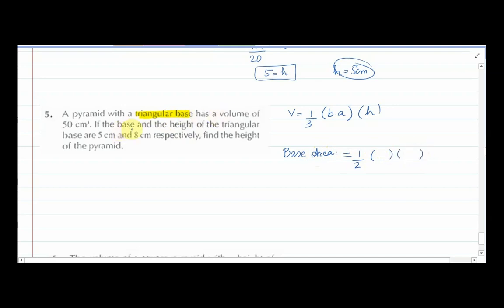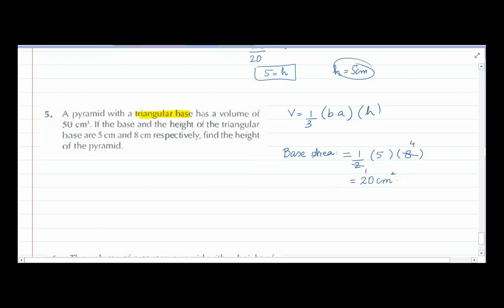Now if the base and height of the triangular base are 5 and 8, the two values are known, 5 and 8. Just simplify, 2 ones are 2, 2 fours are 8 and 4 fives are 20 centimeter square, right?